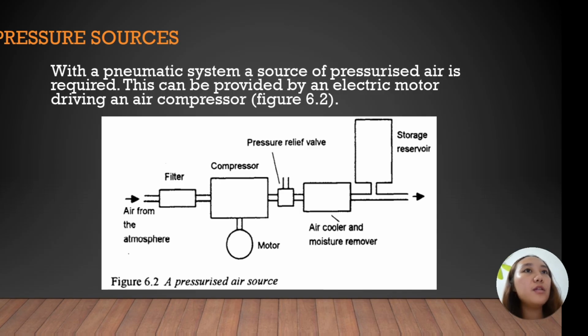Air is drawn through a filter and compressed by a motor-driven compressor. Because compression generates heat, a cooling system follows. Crucially, a moisture separator removes significant water content. Due to air's compressibility, a storage reservoir is essential to smooth out pressure fluctuations, and a relief valve maintains a safety limit.